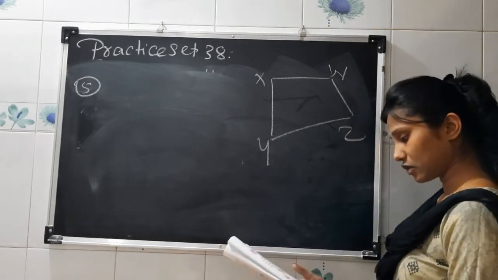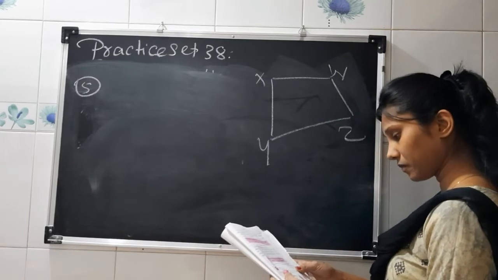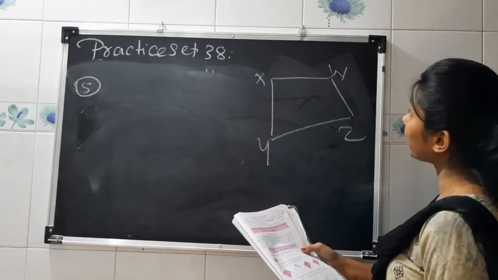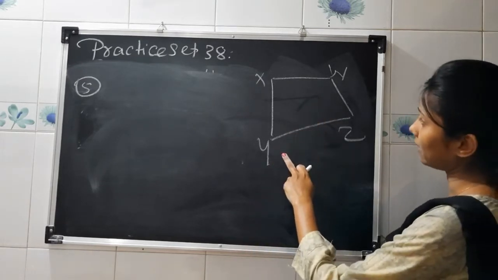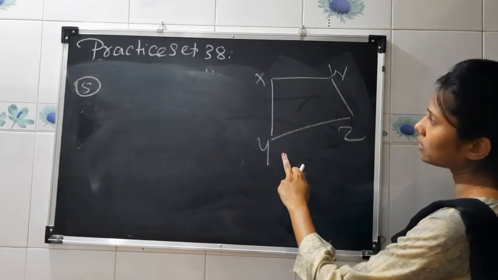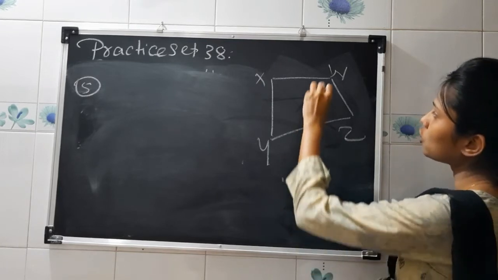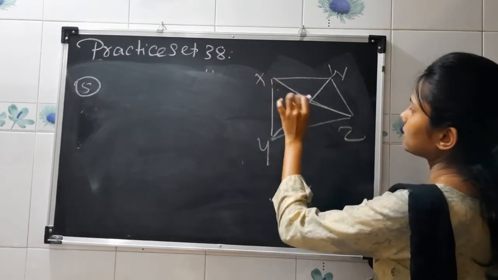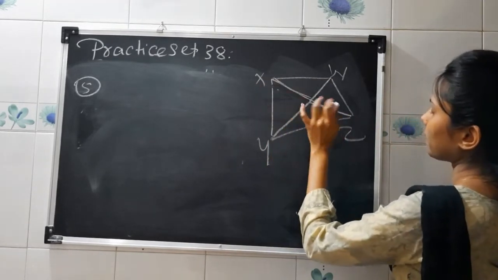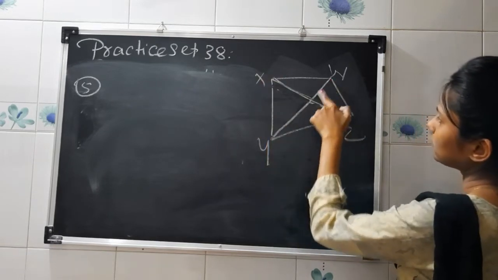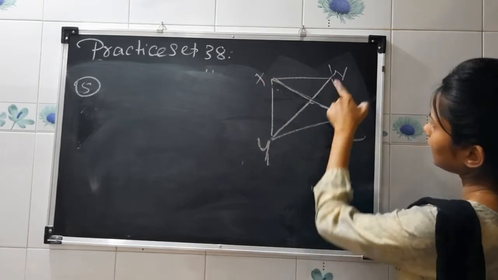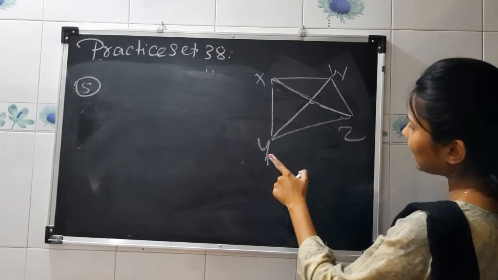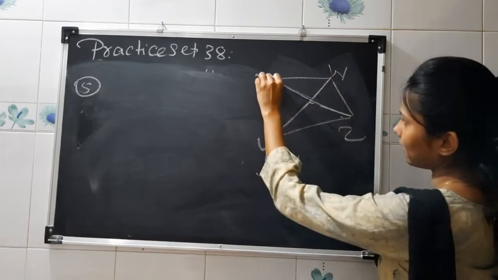We have seen in the last lecture: diagonals are the line segments which join the vertices of opposite angles. See here, line segment WY joins the vertices of opposite angles.